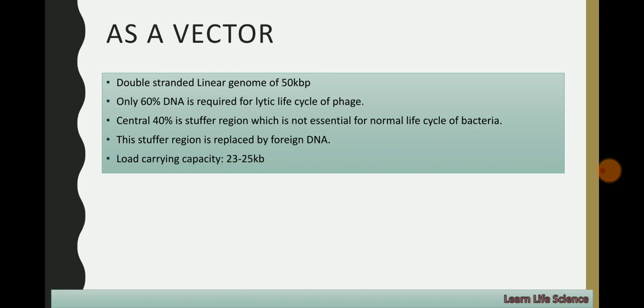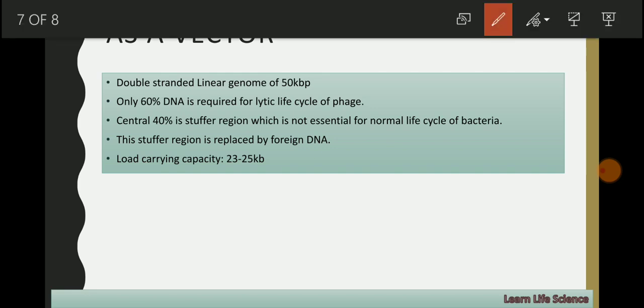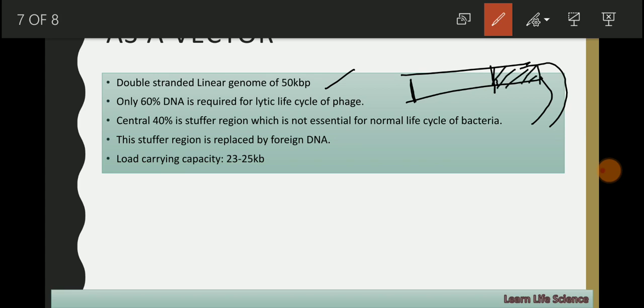As we know, the lambda genome is double-stranded and linear, of about 50 kilobase pairs, and only about 60% of the DNA is responsible for the lytic cycle of the phage. This 60% region is responsible for the lytic life cycle, as well as the central 40%, which is known as the stuffer region.